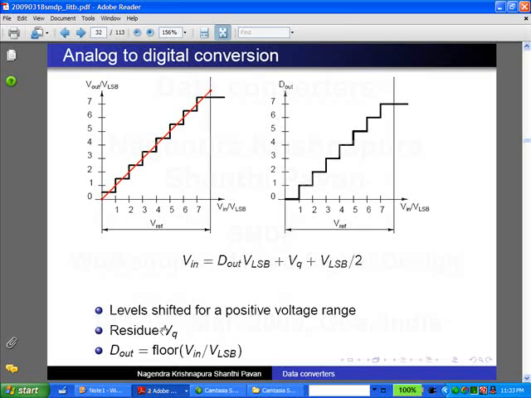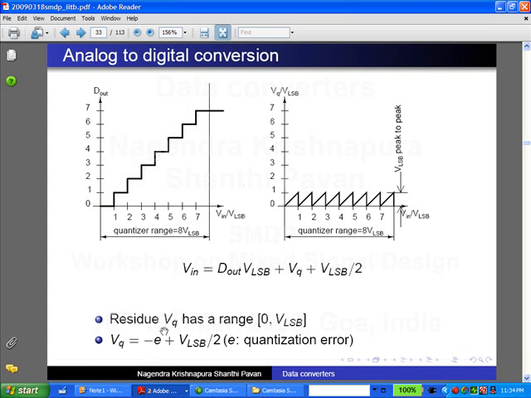So these are just some definitions of terms. Now if I do that, I will use D out to be floor of V in divided by VLSB. I will get something like this.